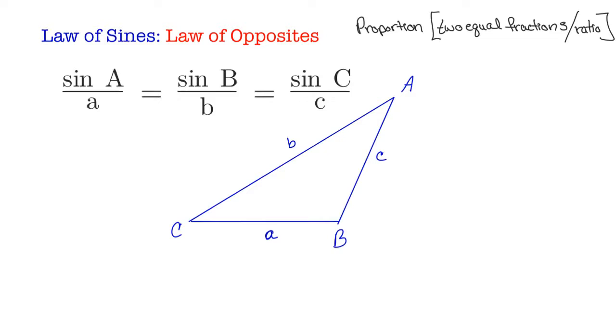So you can see that sine of angle A is right here. Here's angle A, and side little a is opposite of that. These two are opposite of each other. Sine of B, here's angle B, and side b is opposite of that. So these are opposite of each other. Sine of angle C. Remember, angles are in capital letters and side lengths are in lowercase letters when we do this. So capital C, angle C, and lowercase c, side c is opposite of that. And that is our law of sines.